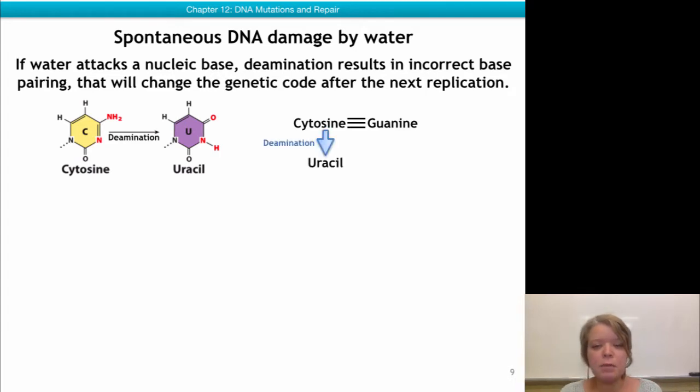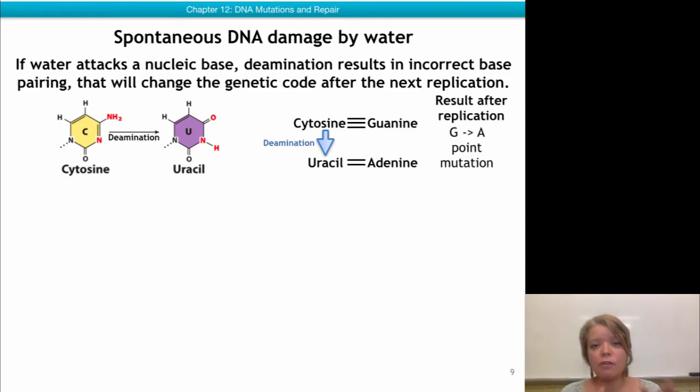But since the deamination has changed cytosine to uracil, next time the DNA is replicated, the DNA polymerase, which selects the next base to incorporate based on base pairing, will not incorporate a guanine in that location, but it will incorporate an adenine, which efficiently base pairs with uracil, unlike guanine.